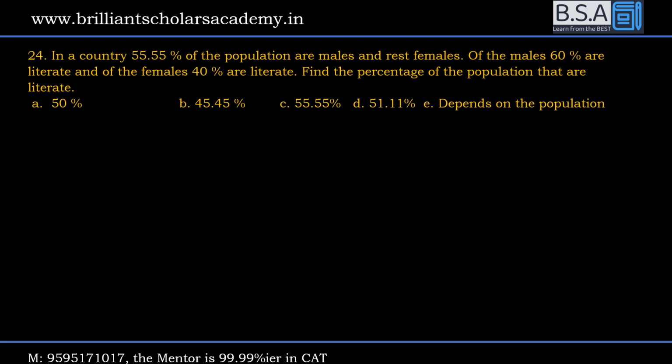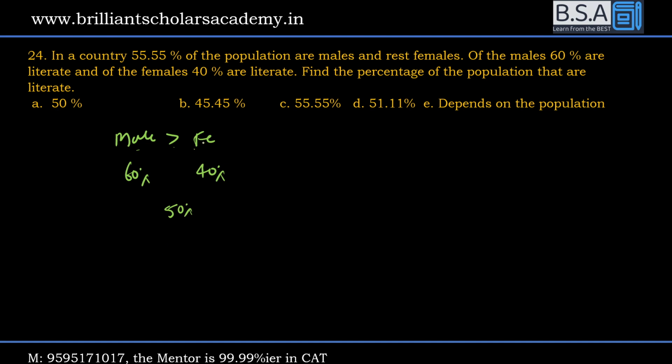If I was to apply common sense, this population has more males or more females? Males are more than females. 60% is the literacy in males, 40% is literacy in females. Think of this. If they were both equal, can I say literacy will be 50%?